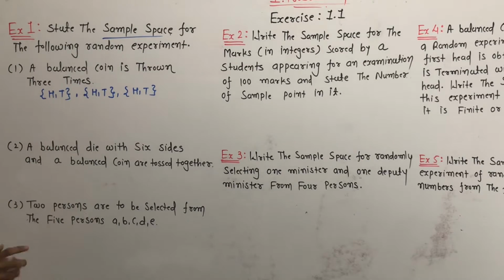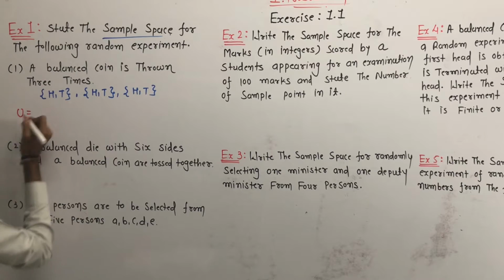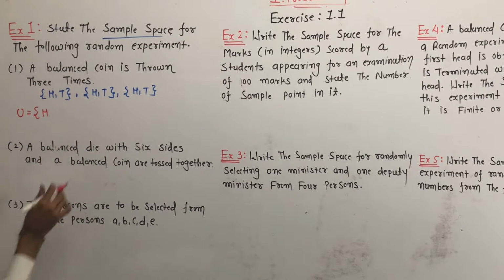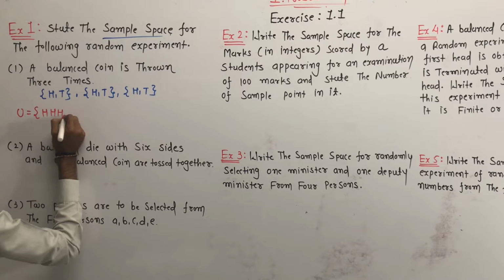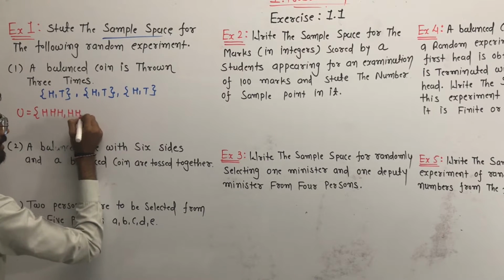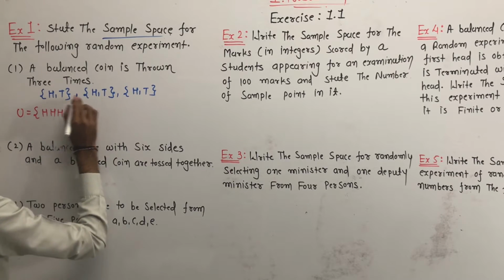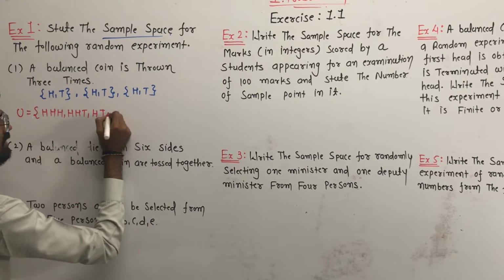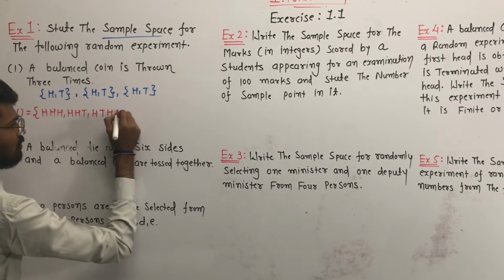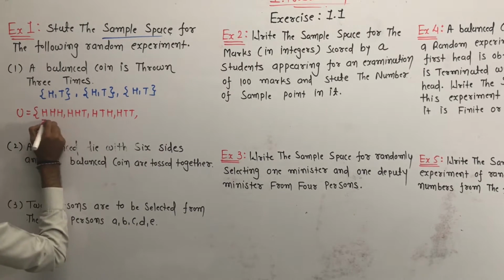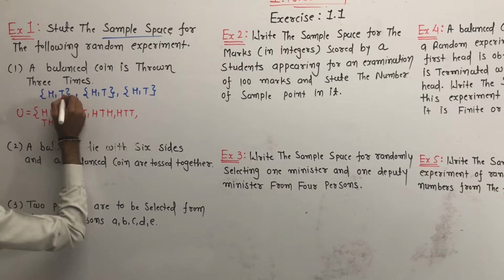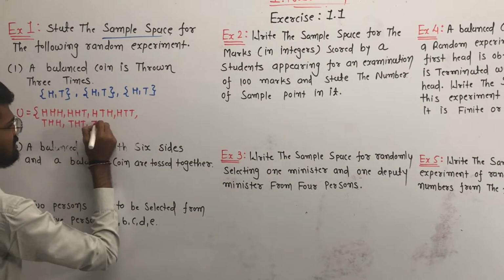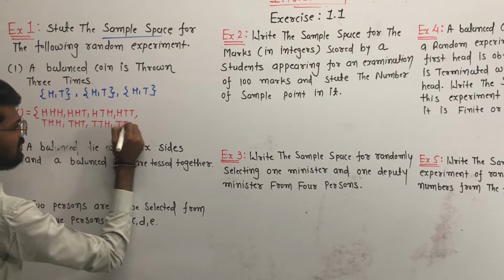space for this event. If we take H from one coin, then H from the second coin and H from the third coin: HHH, then HHT, HTH, HTT, then THH, THT, TTH, and TTT.